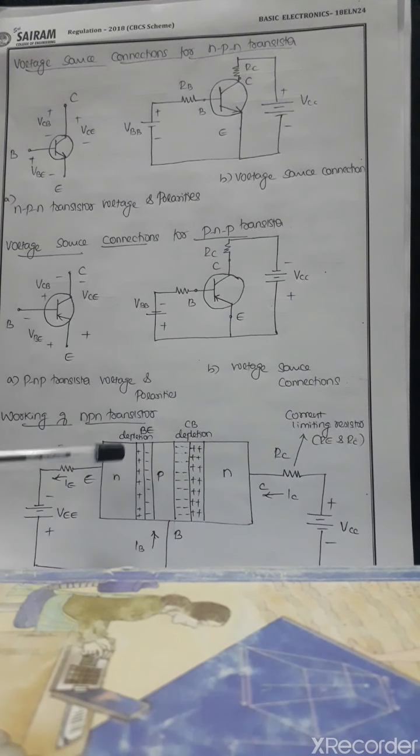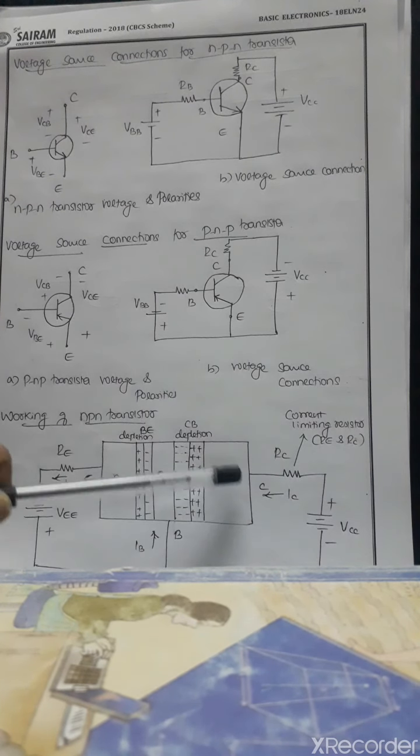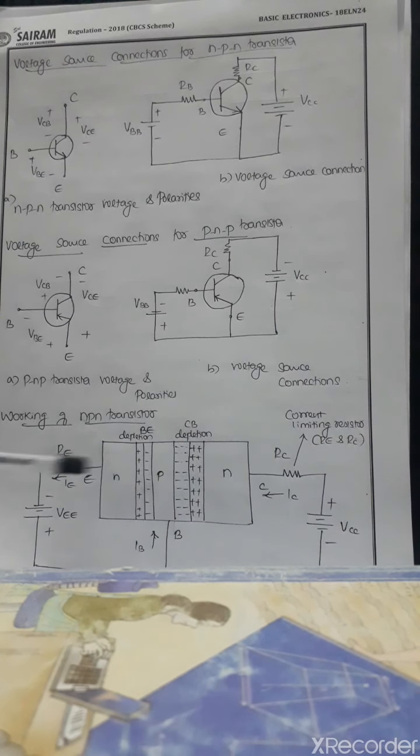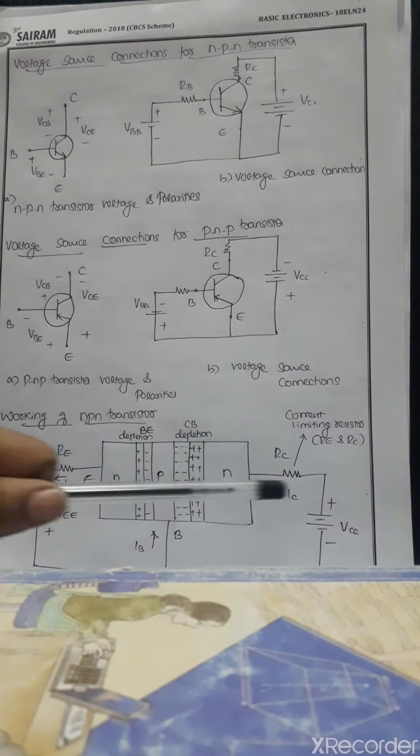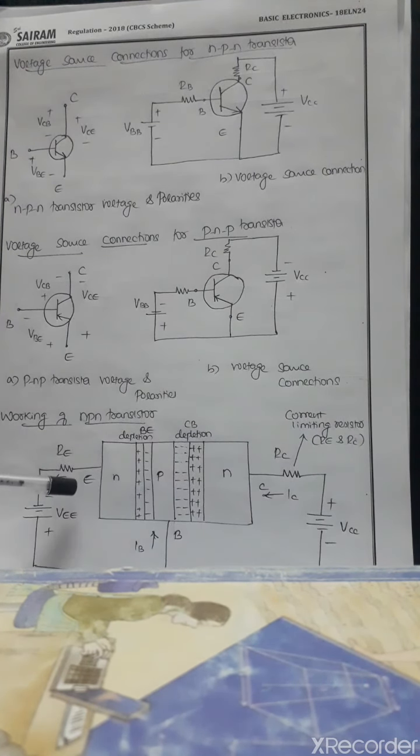This junction is named the emitter and base junction, whereas this junction is the collector and base junction. This NPN transistor is biased with the help of the voltage sources VEE and VCC. As I told, the input junction, that is the emitter and the base, has to be under forward bias.